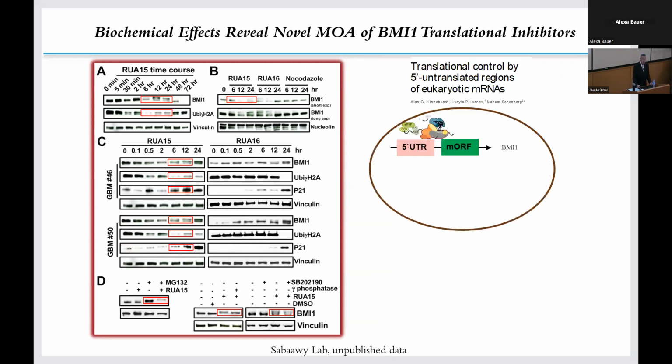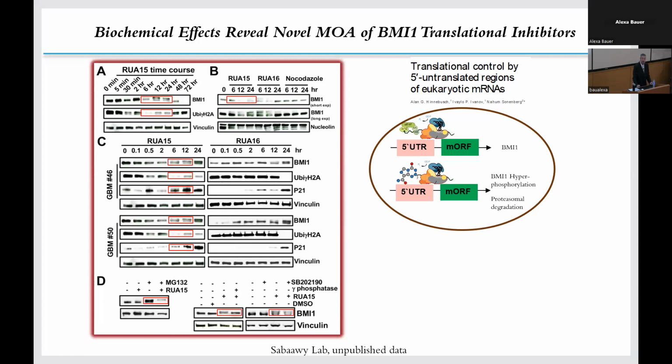The current hypothesis is that these small molecules bind to the 5' UTR. They interfere with the translation by switching the balance between the main open reading frame and the upstream open reading frame. And this leads to BMI1 hyperphosphorylation and proteasomal degradation.